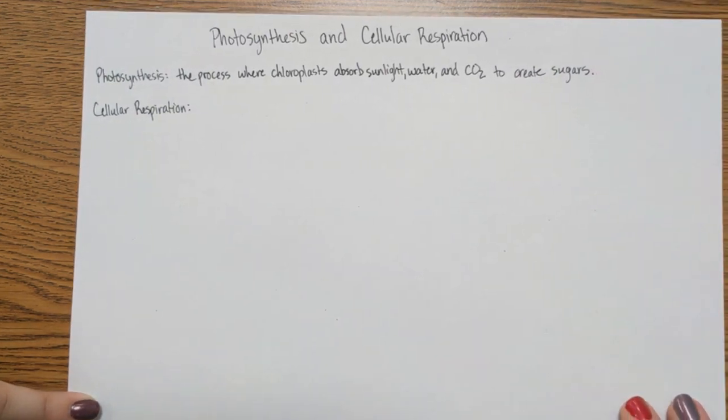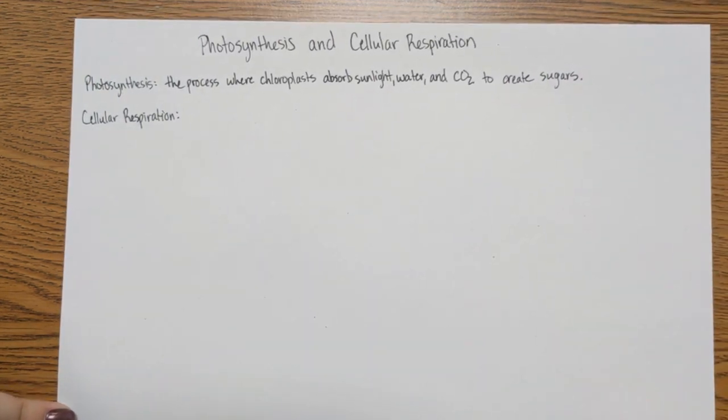Okay, so that's the long version of it. Essentially what chloroplasts do, they take that sunlight, they take that water, and they take carbon dioxide, that's the stuff that we breathe out, and they make food with it.